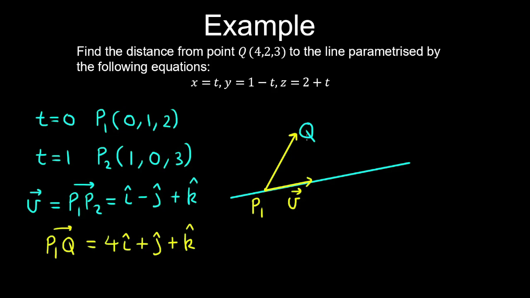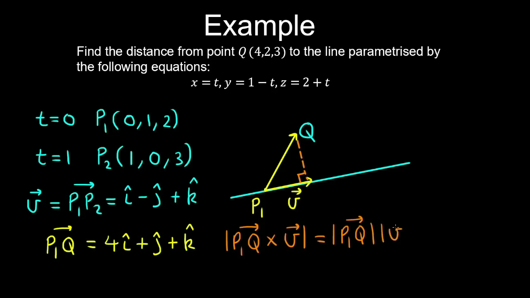And the distance from point Q to the line is this orthogonal distance over here. So taking the magnitude of the cross product between vector P1Q and vector V, that's equal to the magnitude of P1Q by the magnitude of V sine theta, where theta is the angle between these vectors, and the magnitude of this orthogonal component is P1Q sine theta by trigonometry.